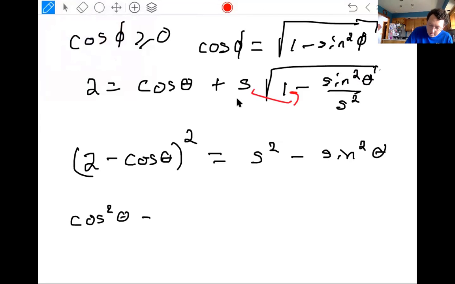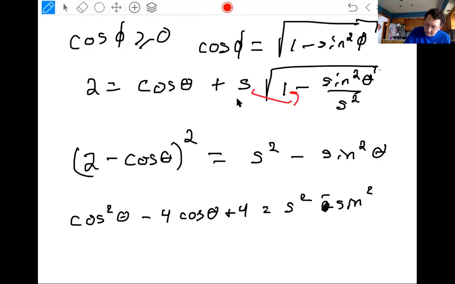minus 4 cosine theta plus 4, I've done that right, equals s squared plus sine, sorry, minus sine squared theta.